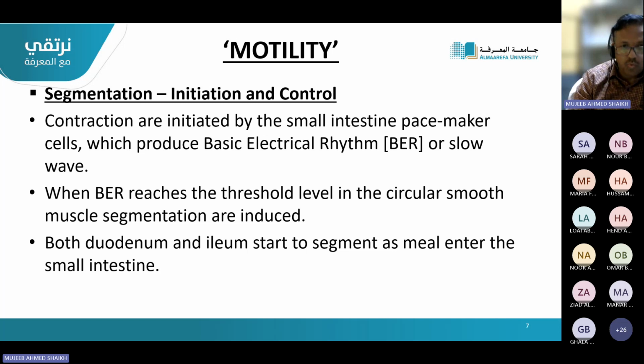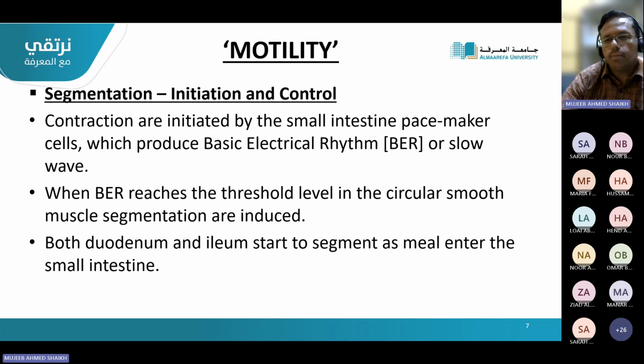First of all, why does this segmentation contraction occur? It occurs because there are autorhythmic cells within the wall. They are continuously changing their potential, going up and down, with depolarization and repolarization waves continuously going on.